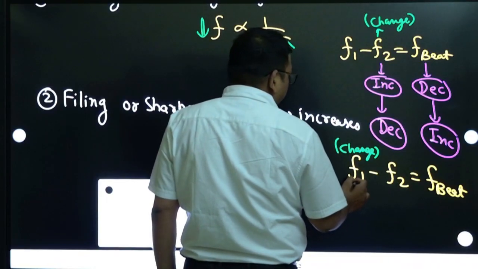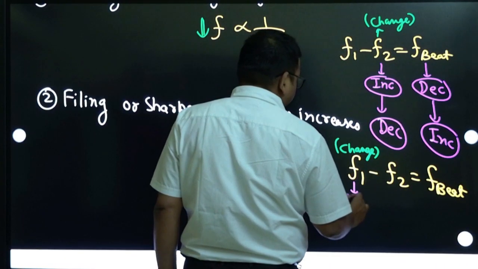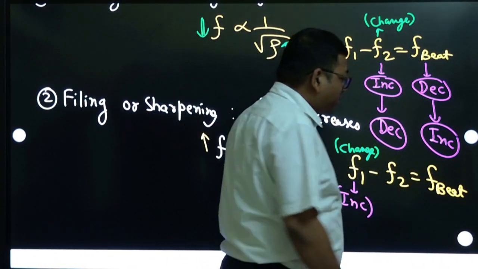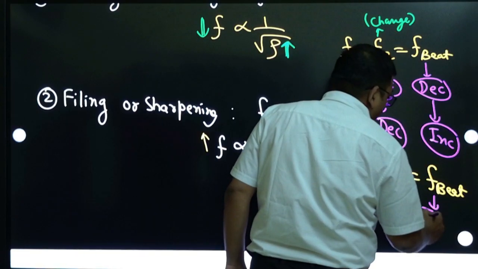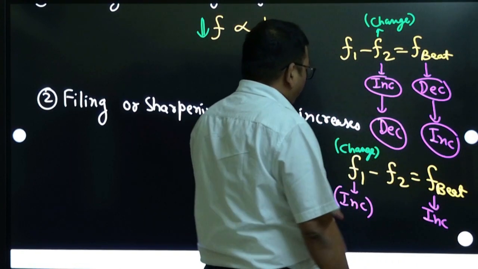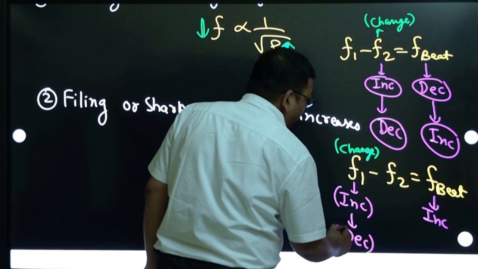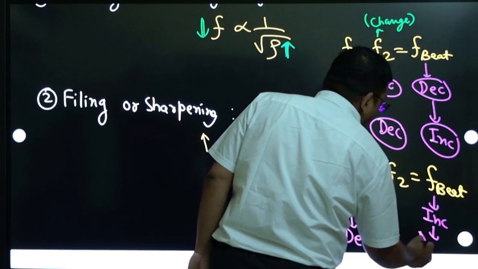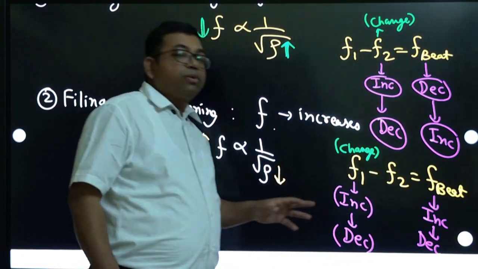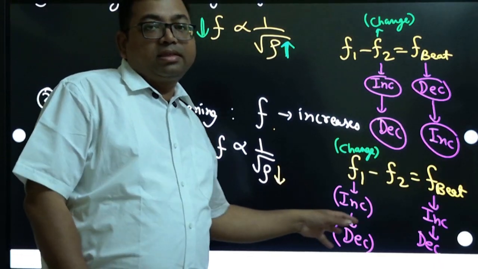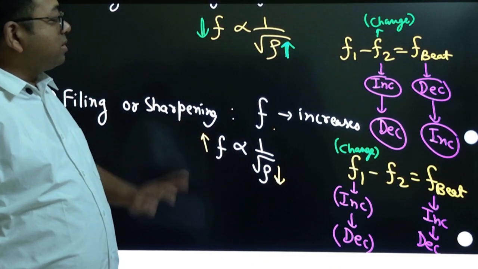Let us say you are increasing this. If you are increasing f1, then definitely this will also increase. And if you decrease f1, then this will also decrease. Clear? So we should note these changes that can happen. We can apply these changes in the question. Are you clear about this?